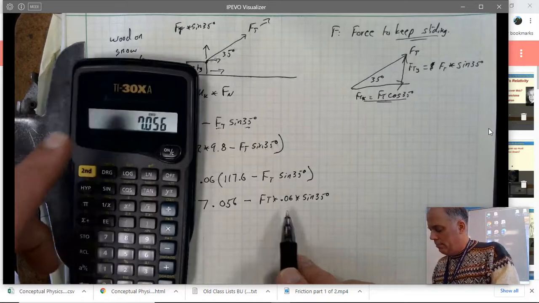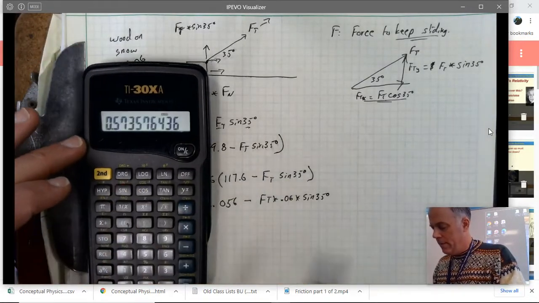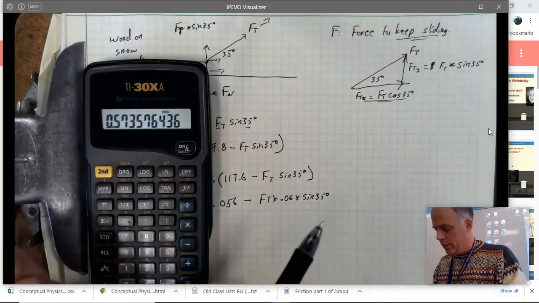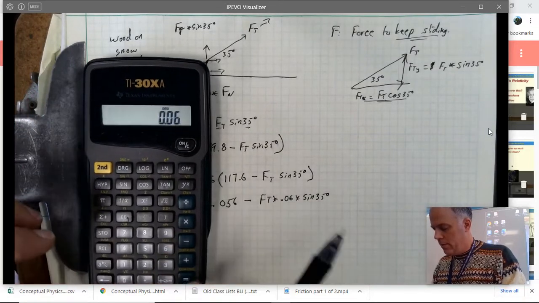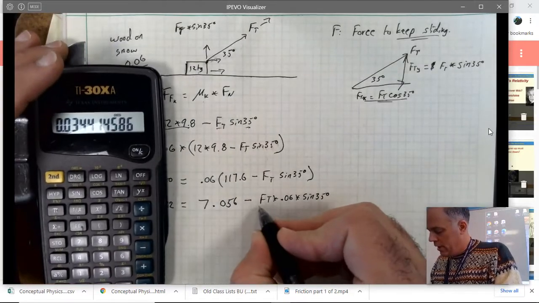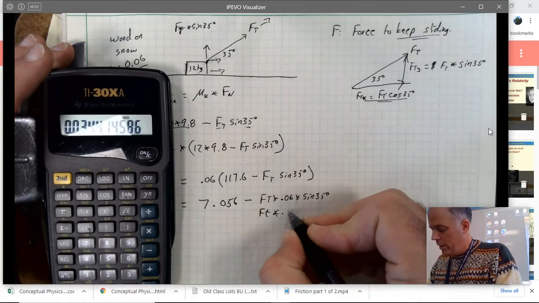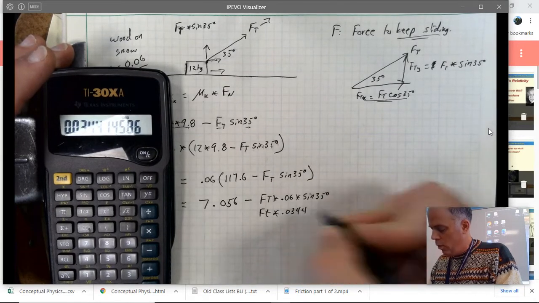Okay, so sine of 35 degrees is that. We're going to multiply that by 0.06 equals 0.0344. So this here is Ft times 0.0344.